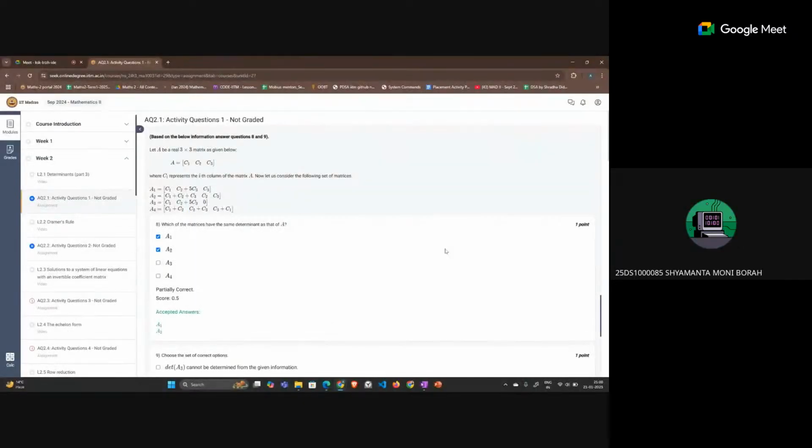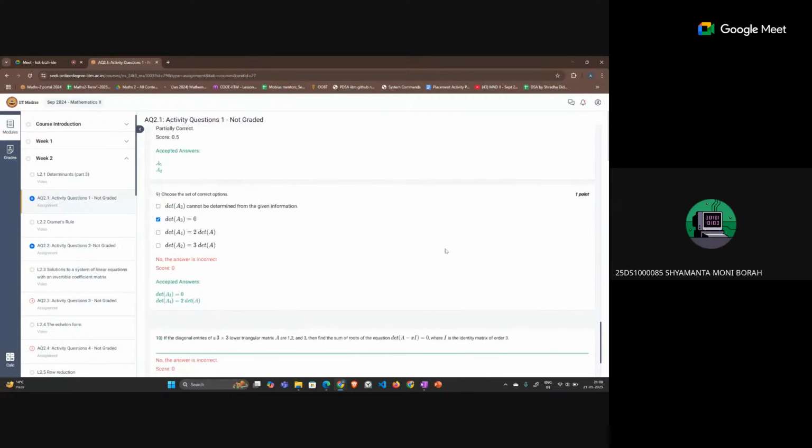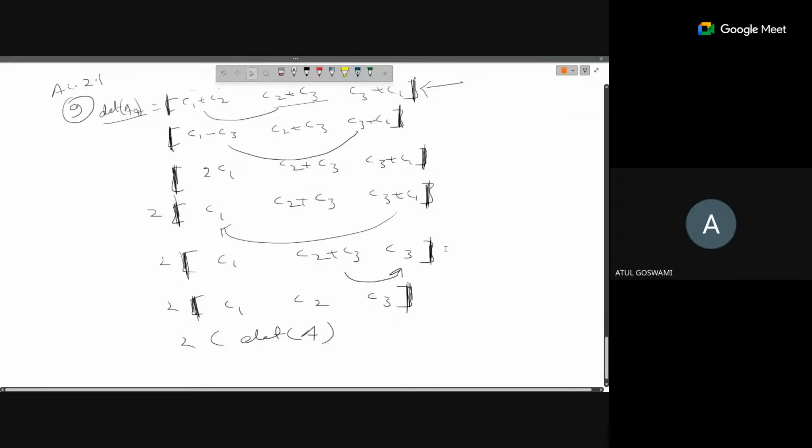So can we take out any scalar out of a matrix? No, actually that scalar should be multiplied in each entry, each element. Please explain this concept once.